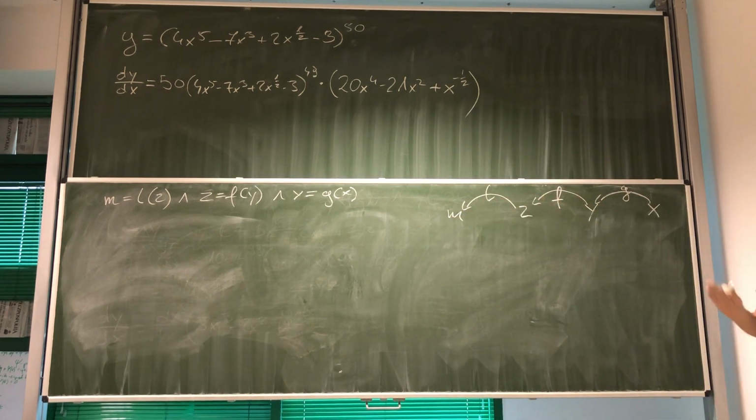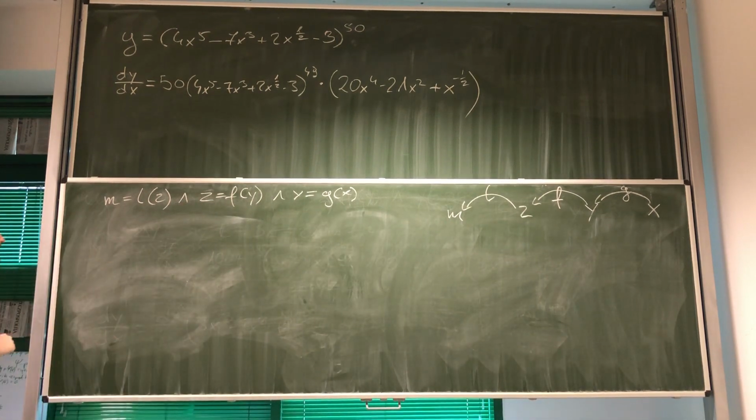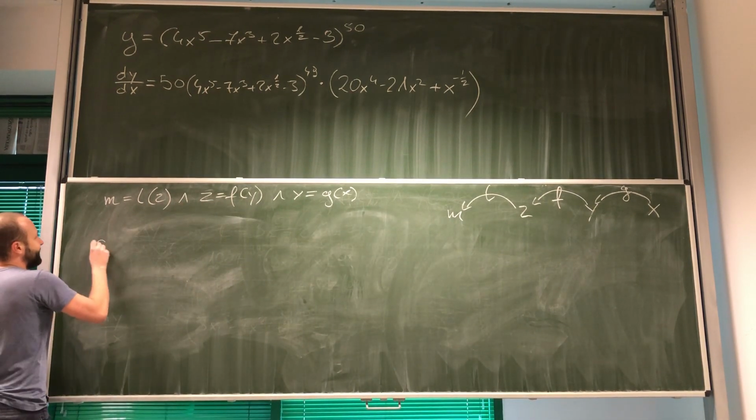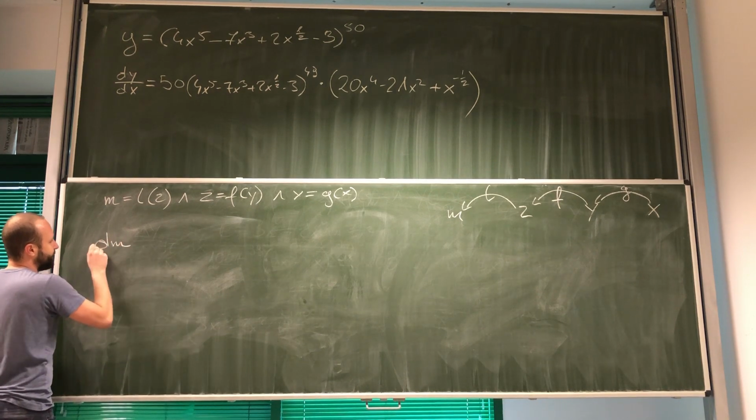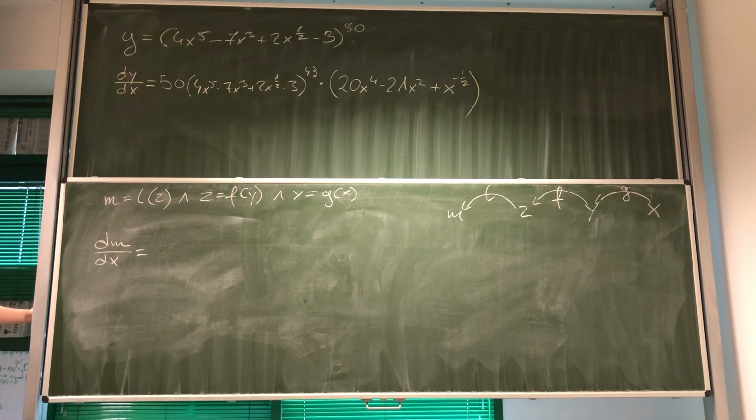And now look, if I want to calculate the derivative dm dx, what do I need to do? Look, I need to implement exactly the same chain as before, but now instead of 2, 3 times.